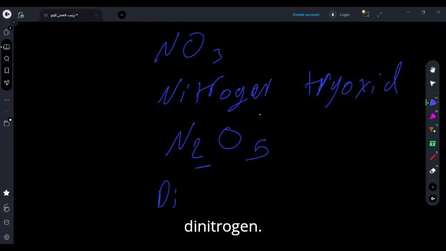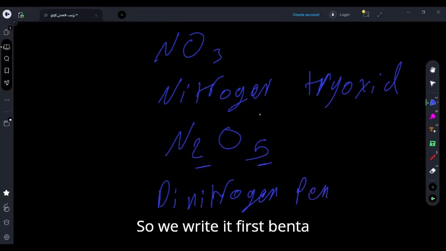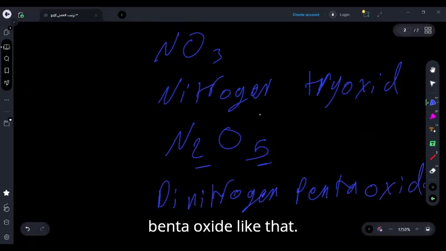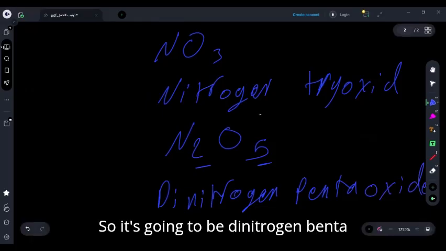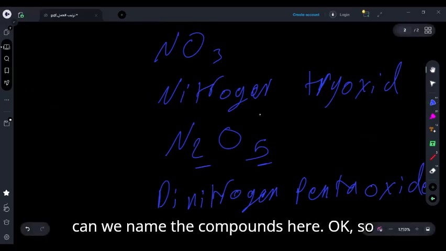So we write dinitrogen. And then 5 is penta. So we write penta first. Penta what? Penta oxide. So it's going to be dinitrogen pentaoxide. This is how we name the compounds here.